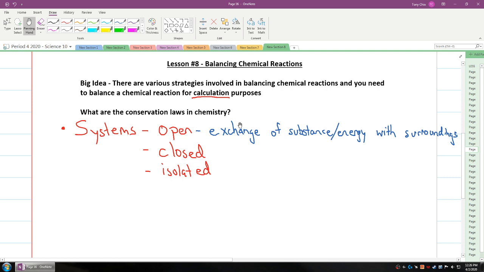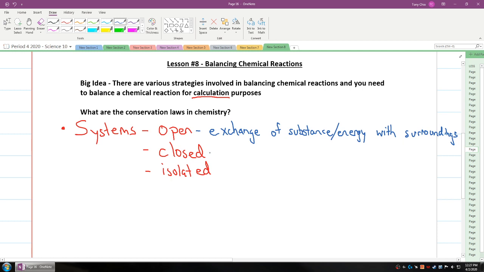So an open system is where there's an exchange of substance and energy with the surroundings, such as, for example, a cup of water. If you have a cup of water without a lid, that is an open system because you could have, for example, water evaporate. That's a substance. But you could also have that water heat up or cool down. And that's a change of energy.